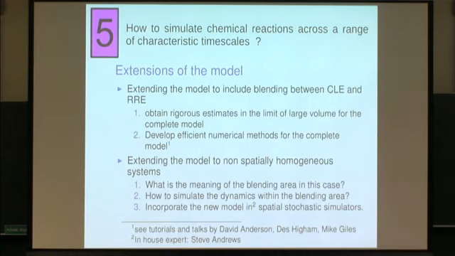I don't know if all of them actually have an answer. One of the obvious questions is what would the meaning of the blending area be in this case? And how would you be able to simulate dynamics within the blending area? In the non-spatial case, where you have two well-defined models, it's relatively easy to think how to simulate the dynamics.